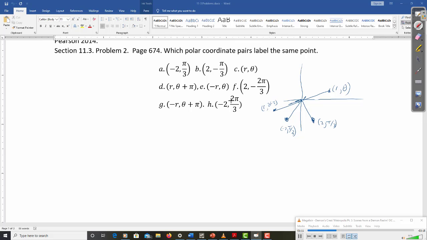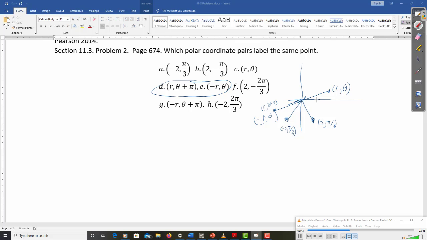So we haven't had any line up yet. Then, negative r, theta. Well, theta takes you out this one, but negative takes you backwards. So this is also negative r, theta. So these two are the same. Alright, 2, negative 2 pi over 3. Okay.